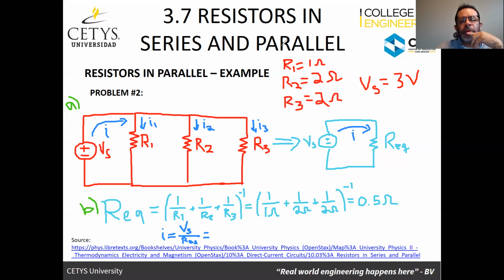Now, the total voltage in the power supply is 3 volts, and the equivalent resistance is 0.5 ohms. And so the total current in the circuit is going to be 6 amps, right?